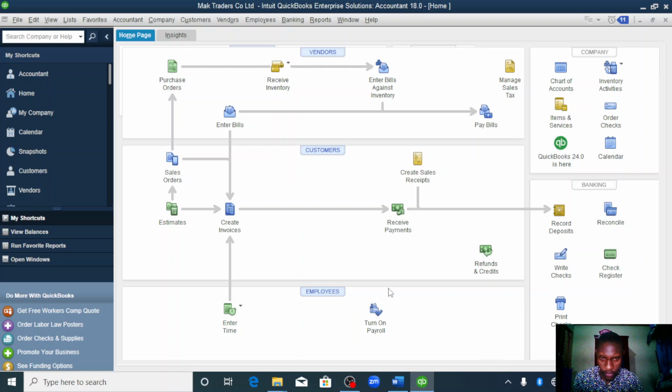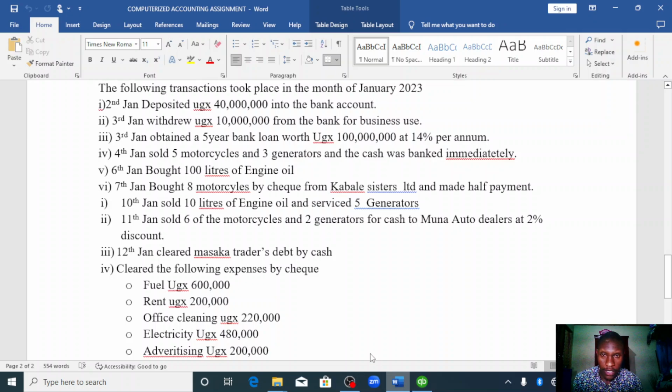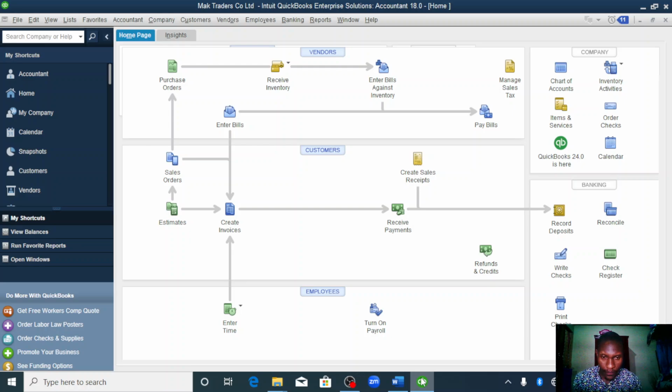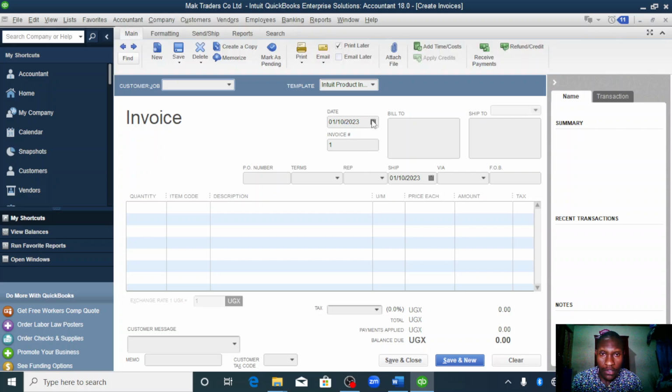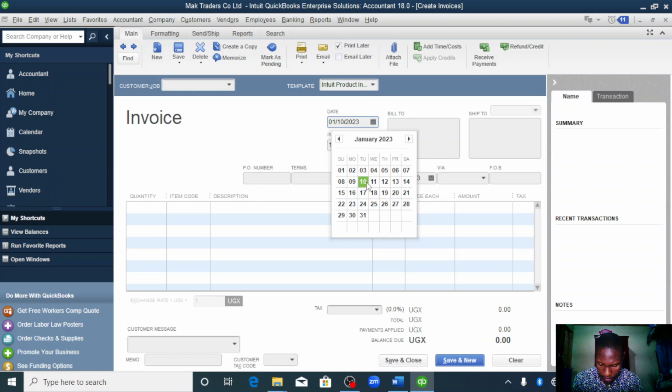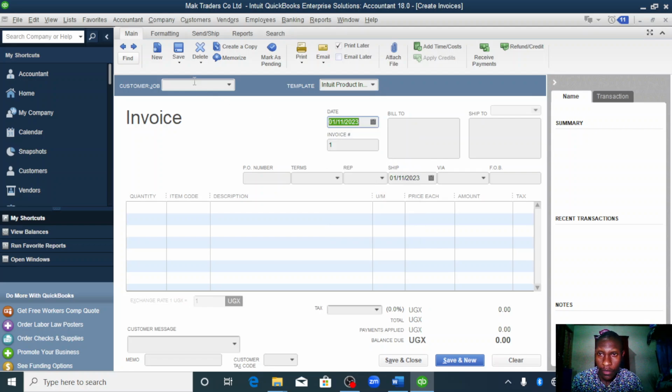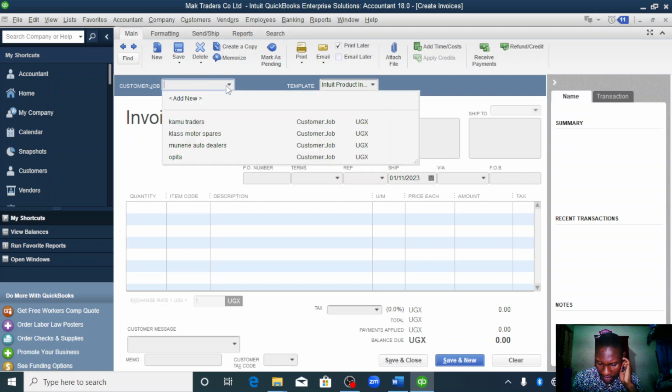We got another transaction on 11. They are saying sold 6 motorcycles and 2 generators to Muna Auto Dealers. We go to create invoices. We update the date, that is 11th. So the customer they are telling us is called Muna Auto Spares.